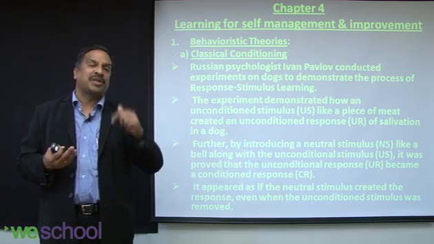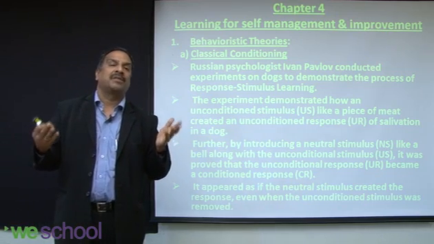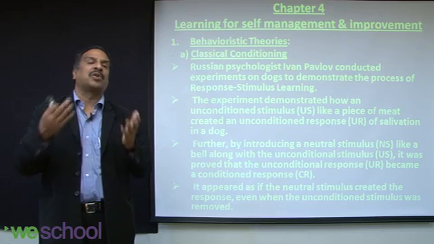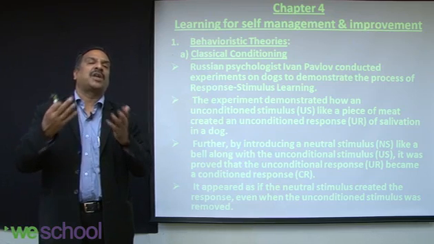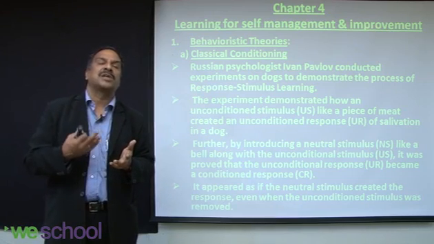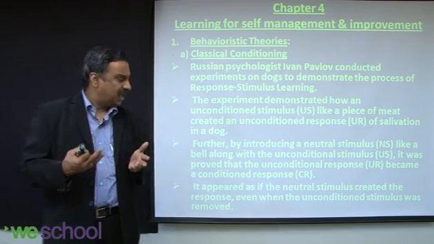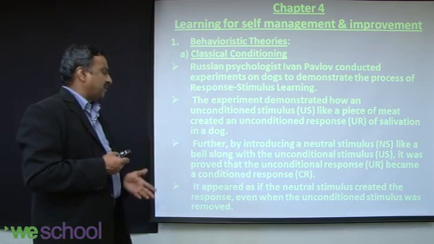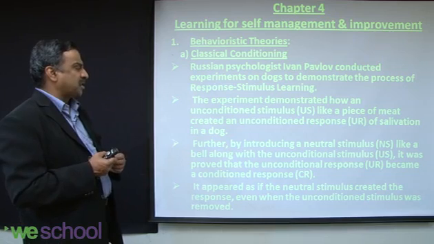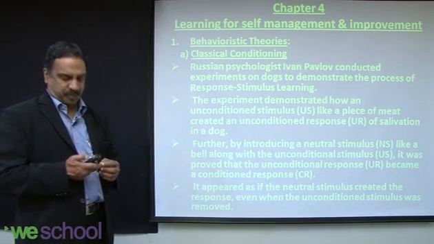The bell got associated with the meat, and hence the dog could not distinguish whether the meat was there, or the bell was there, or both were there. It knew that if one of the elements is there, salivation took place. It is an automatic response created by its own instinct. It appeared as if the neutral stimulus, the bell, created a response even when the unconditional stimulus was removed.